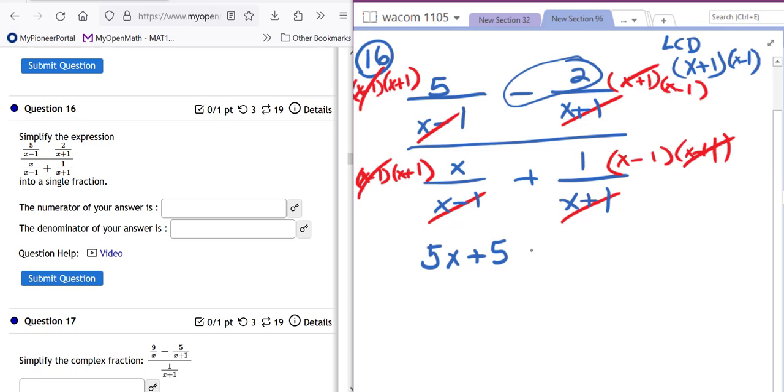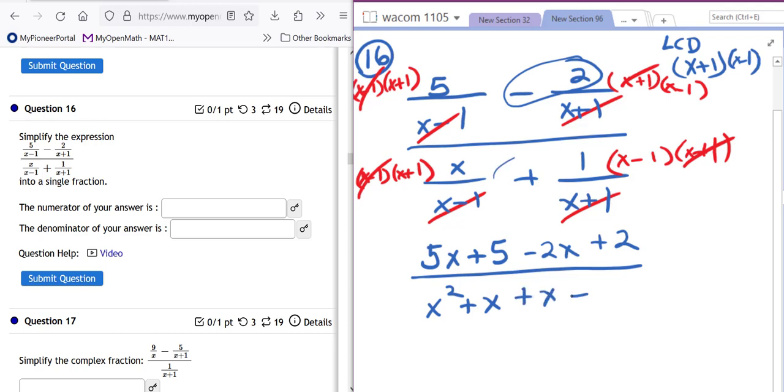So it'll be a negative 2x, and it will be a plus 2. Right, down here, x times x is x squared plus x. And this one will be, it's a plus 1, so plus x minus 1.